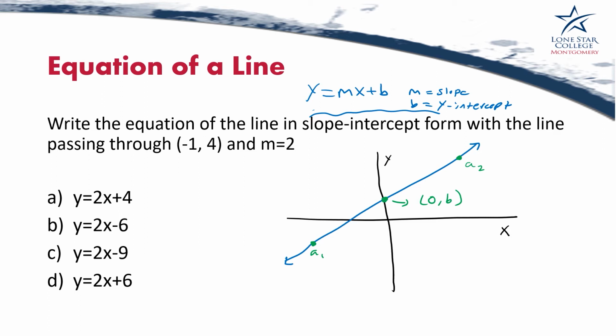So basically, if you move up a certain amount in the y direction and you move a certain amount in the x direction to the right, you will get to the other point. That's basically what the slope is. It's basically the rise over the run. So our slope is the same thing as saying rise over run, or you can think of it as the change in y over the change in x.